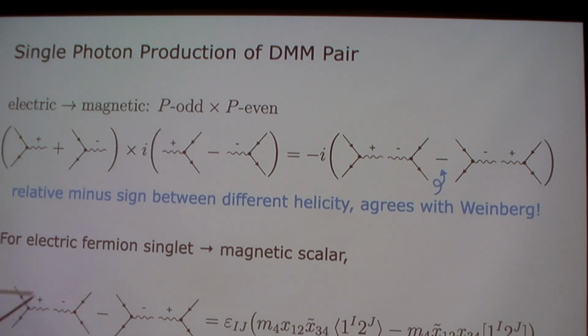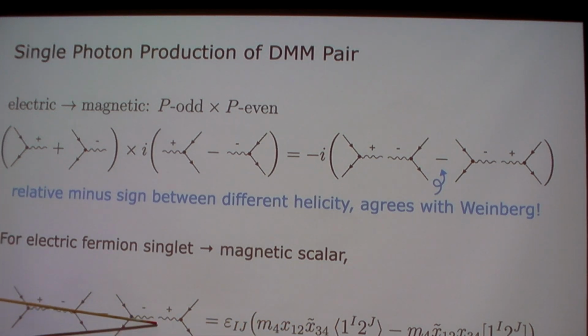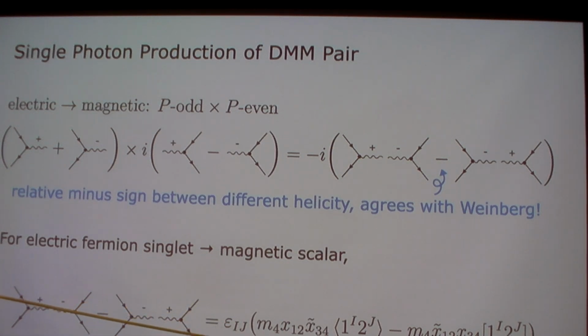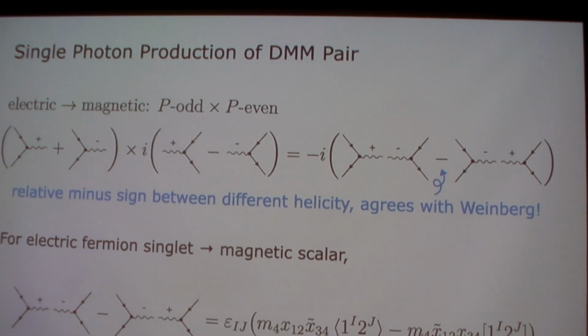Then this term will look like this. The x factor is just for the spin 1 of photons, and because only the electric particle is fermion, you have 1, 2, but not 3, 4. Here, this Levi-Civita tensor is to anti-symmetrize the spin of electric fermions so that you have a singlet state. So this is the residue if we want to calculate this process.